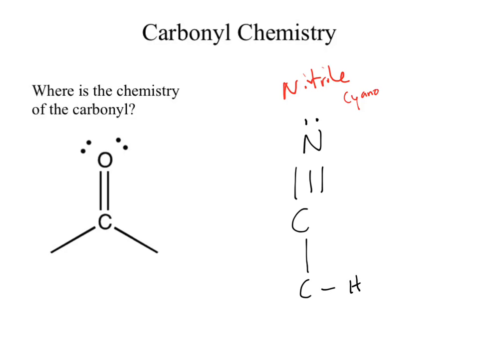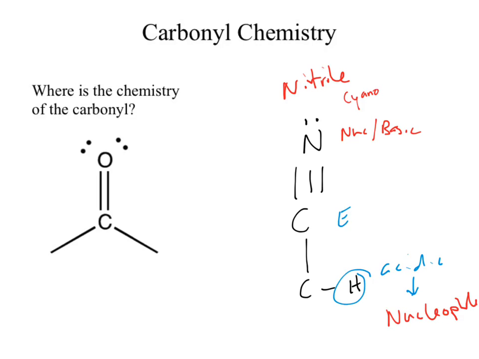We have that polar pi bond because that nitrogen is more electronegative than the carbon, which means our carbon becomes electrophilic. Our nitrogen becomes nucleophilic/basic. Our hydrogen at that alpha position becomes acidic, which could then potentially lead to us having an active nucleophile. Okay. So it's looking at the commonality between the functional groups, not their differences. Is it a polar pi bond? Yes, all of this chemistry falls out of it.